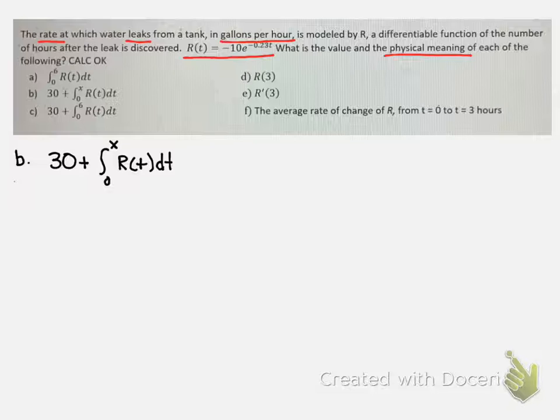As we think about part B, we are not given an upper limit. This is a variable now. And we're also given a value to start with. So really, we're going to skip right to the physical meaning. The physical meaning is that there were 30 gallons in the tank at t equals 0.